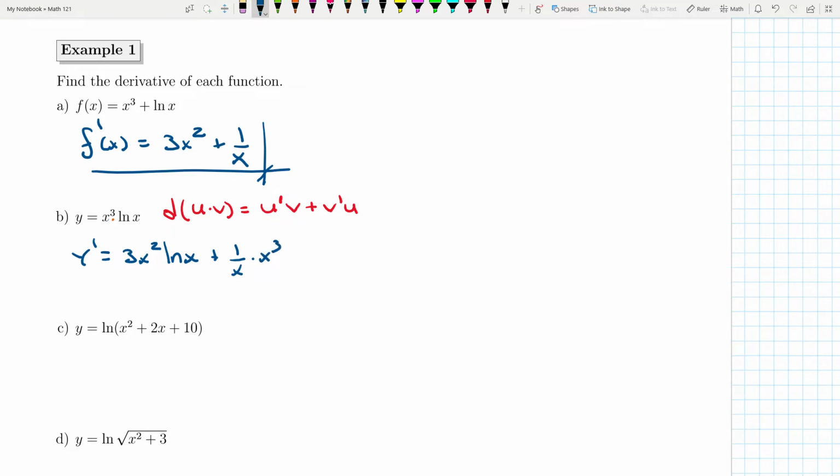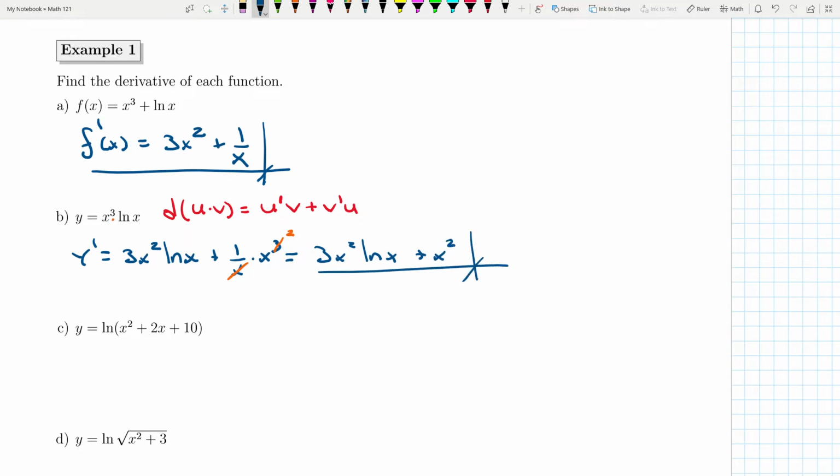And we are essentially done with the calculus part of the problem. However, you might want to simplify this a bit further. That's going to give us 3x squared ln x, and in this case notice how the exponent becomes a 2 and cancels one power of x, plus x squared. And that's an okay final answer.